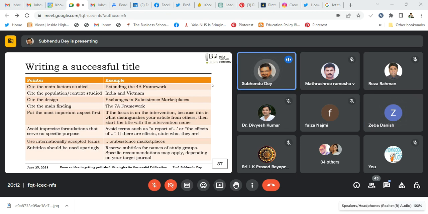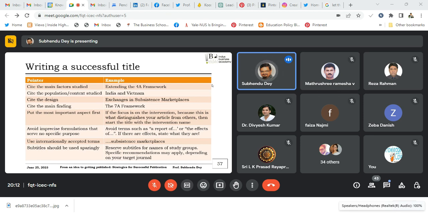Use internationally accepted terms. Many times when we do research in the context of a certain country, we do not use internationally accepted terms. For example, one of the papers I'm reviewing now has a term which is very specific to the country the paper has come from. I had a great amount of difficulty first to decipher what that is, and then get into the paper.